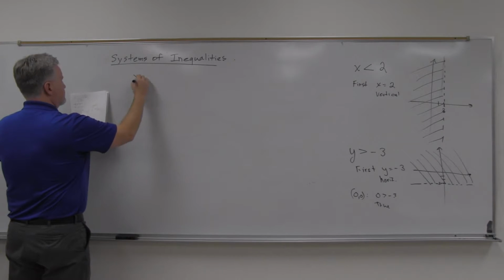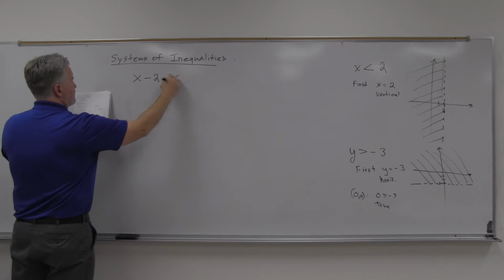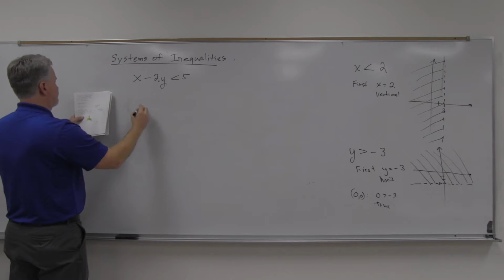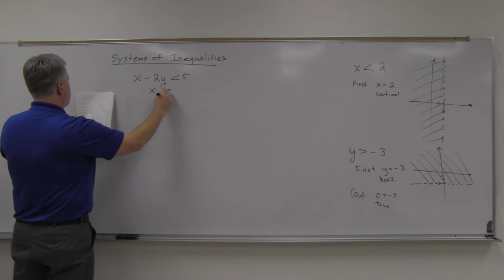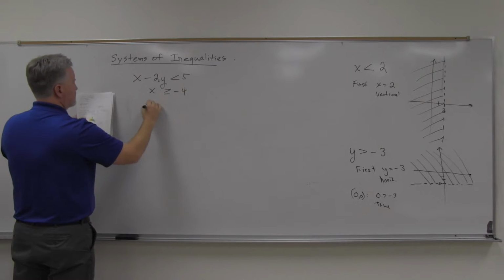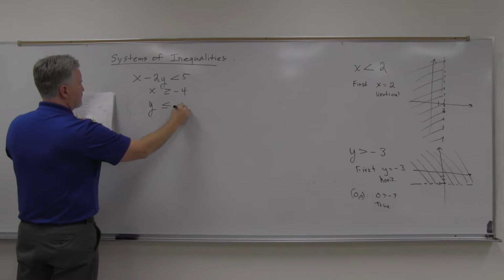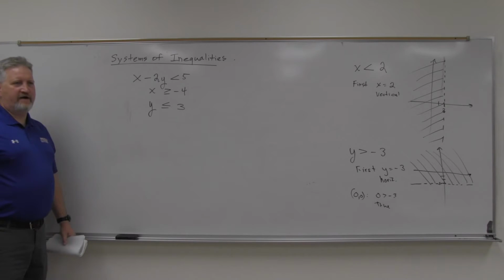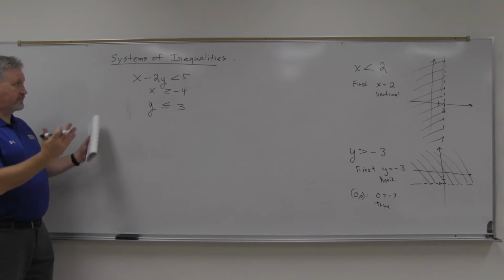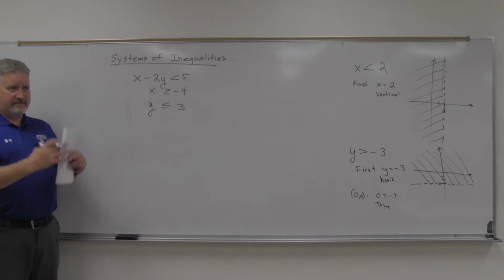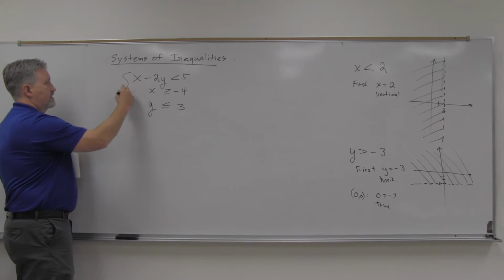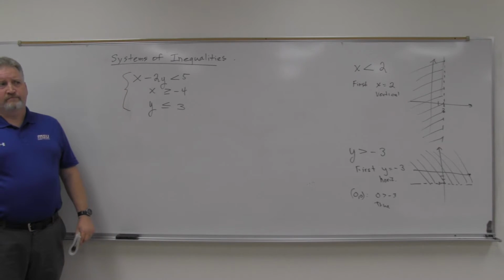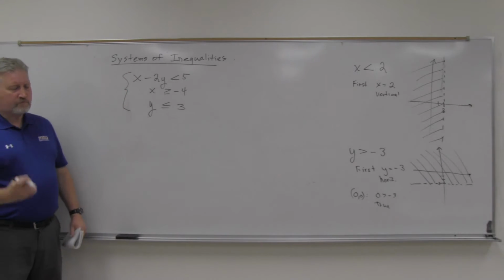Well, let's talk about this. One variety they'll have us look at is this. So we've got 3 inequalities in a group. So we need to talk about what it all means.